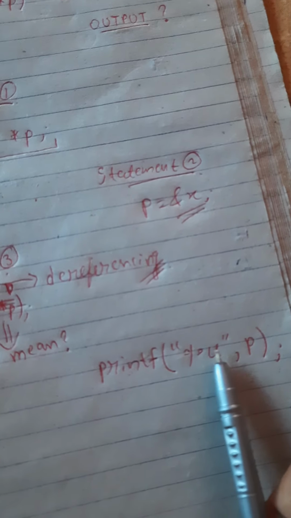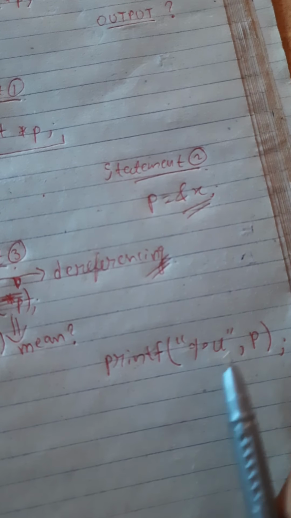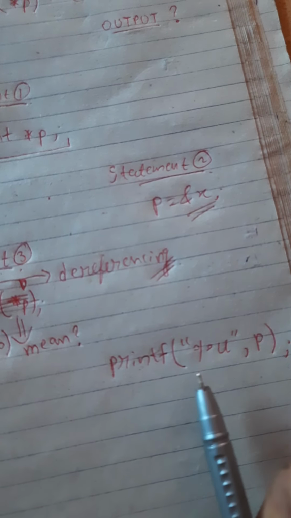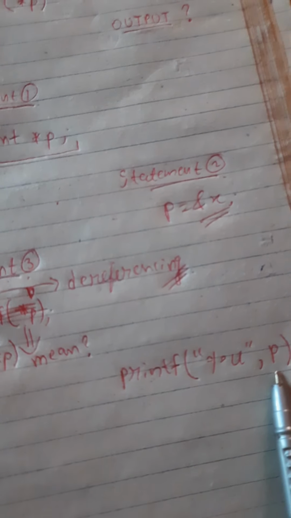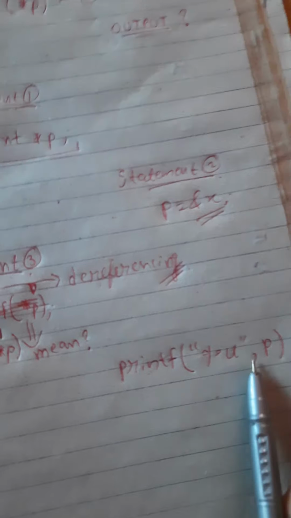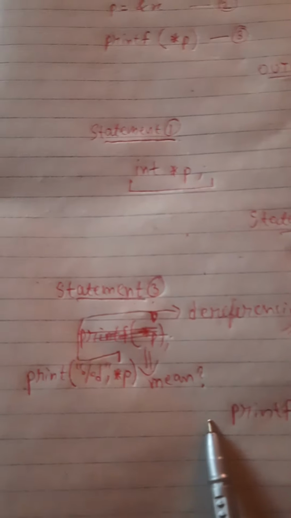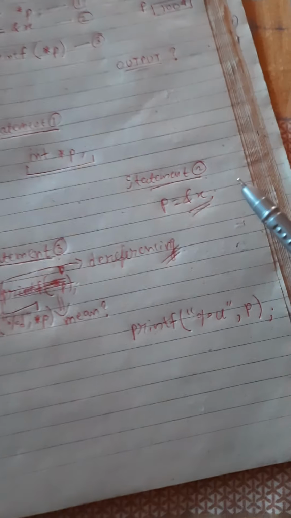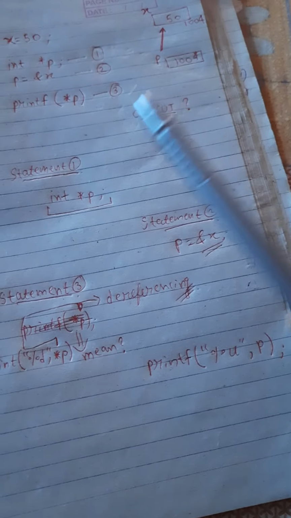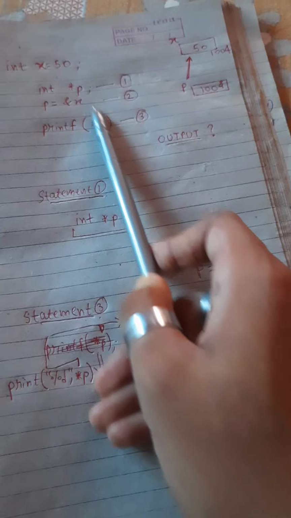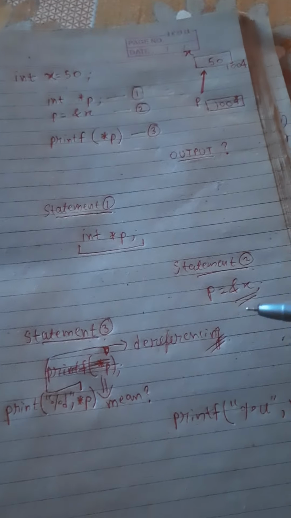Okay, so we have printf %u of p. Whenever I do this, this basically prints the value of p. What is the value of p here? Always remember, this is an executable statement. It is not an assignment statement, and it is not even a declaration statement. It is an executable statement.